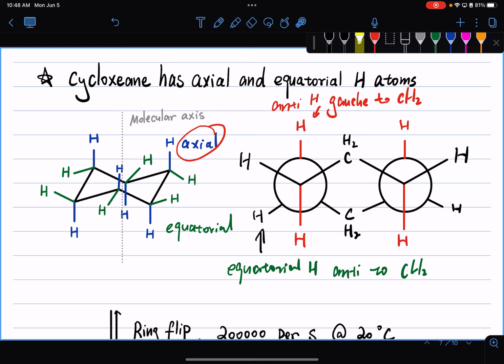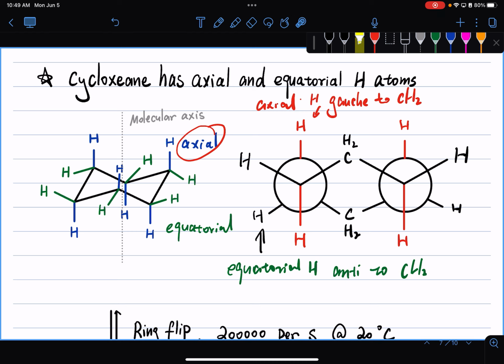Your axial hydrogens are gauche to the CH2, and your equatorial hydrogens are anti to the CH2. So in the proton NMR, when your hydrogen sees a different chemical environment, it will show up as a different signal. So that is why at low temperature, you see two different types of hydrogen in your cyclohexane, and those two different types of hydrogen are your axial and equatorial hydrogen atoms.